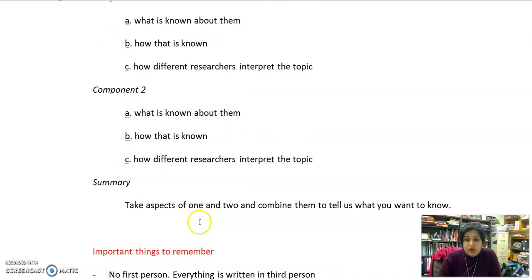And then in the summary, combining all this information, motivated by all these arguments, you state what your research is going to look at, examine, or explore.